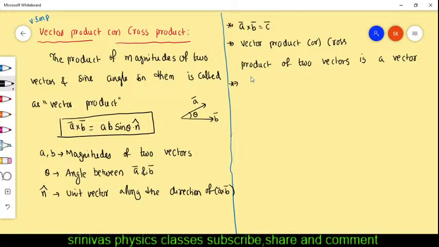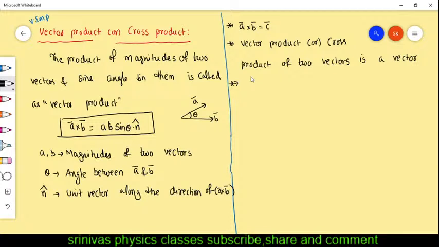Let us see how to find the vector product of two vectors. While teaching, you may get some doubts. You can write those doubts in the chat box also, or otherwise you may ask at the end.